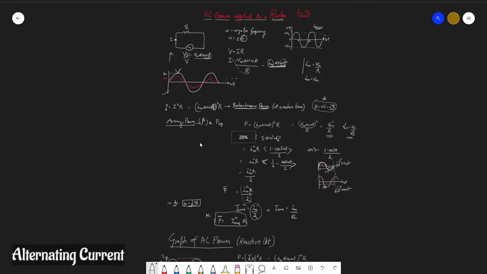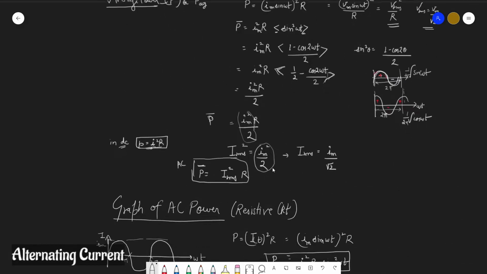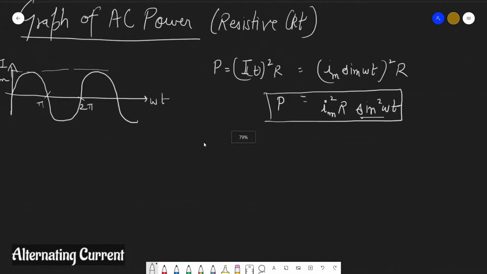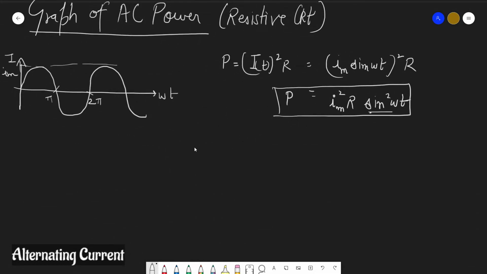First of all, you need to understand that power is not zero in a resistive circuit. If you see this graph, you will understand better. This is omega t, and this is the graph of power, sine square of omega t.